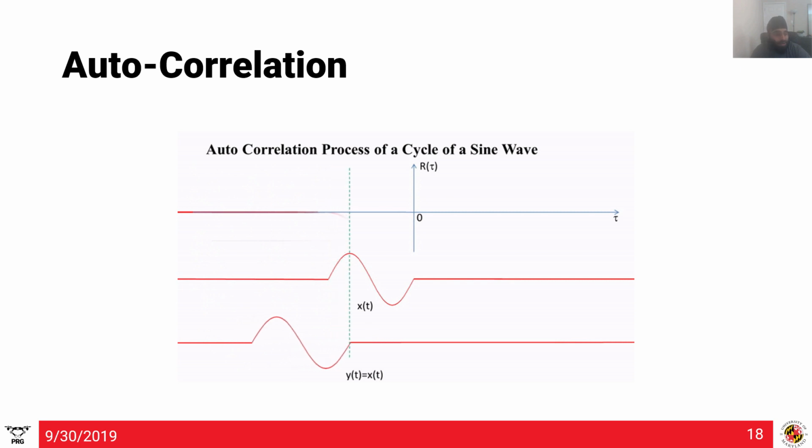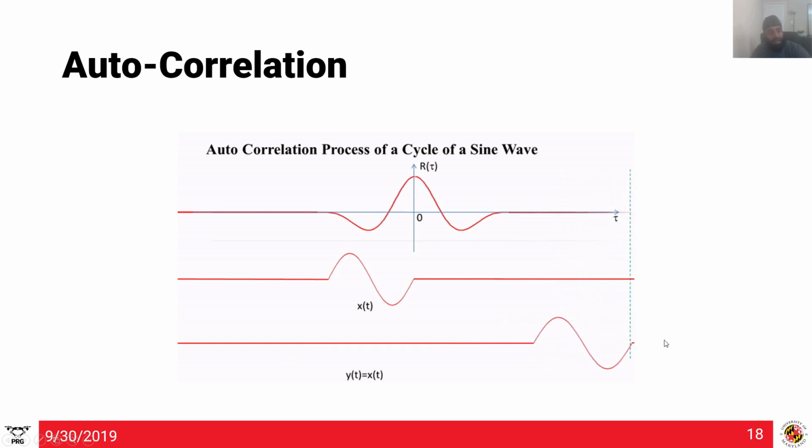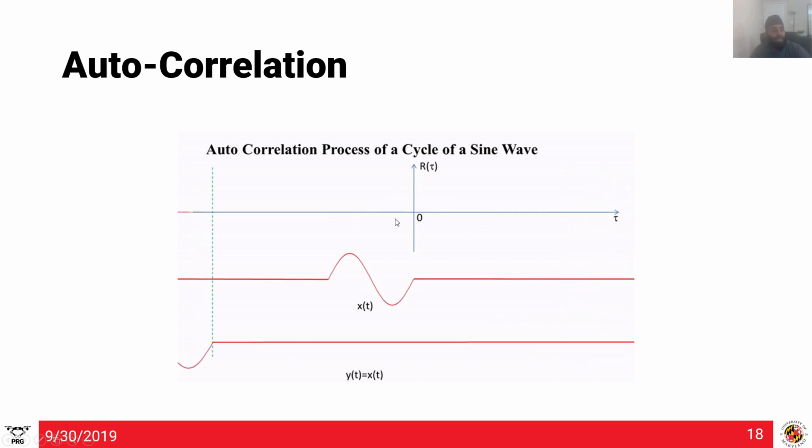In this example, the signal x of t was fixed, and the same signal comes and projects itself onto the same signal from infinity and goes back to the opposite end of infinity. R of t here is the autocorrelated output that you can see.